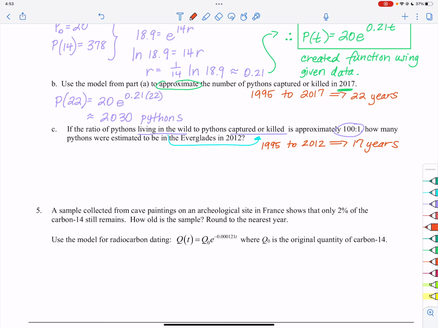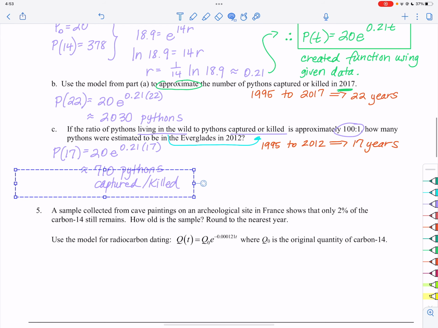So the first thing we'd like to do is find P, the amount, at year 17. So that's 20 times e to the 0.21 times 17. And that's approximately 710 pythons. And in this case, these are the ones captured or killed.